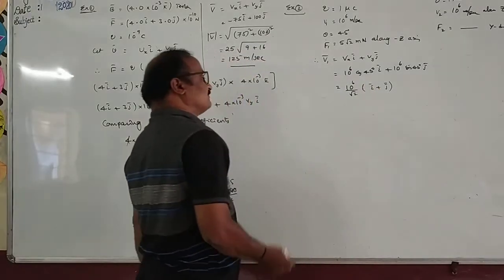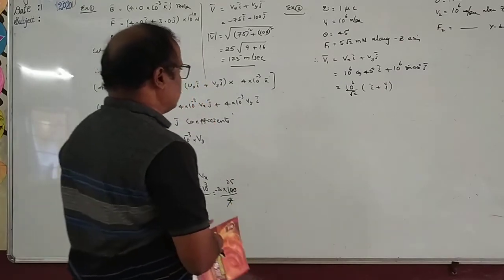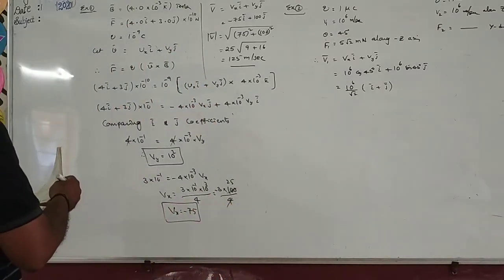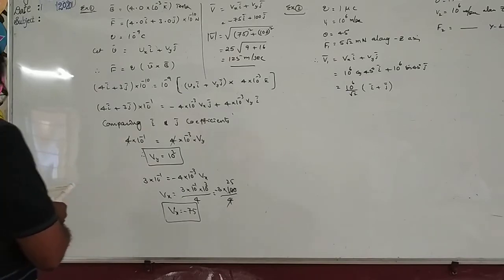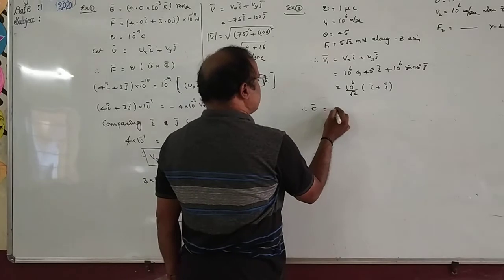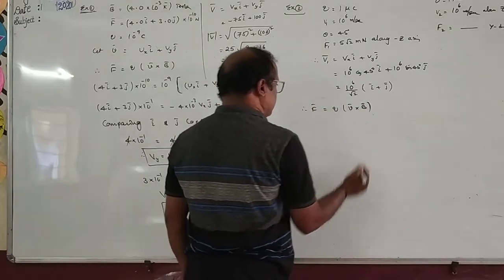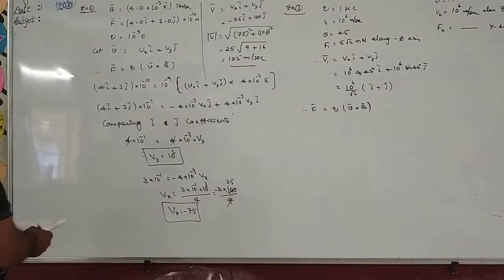It is the velocity. Again, the force acting on a charged particle in the magnetic field is given by F bar equal to Q into V bar cross B bar. But here, what is the direction of V bar?